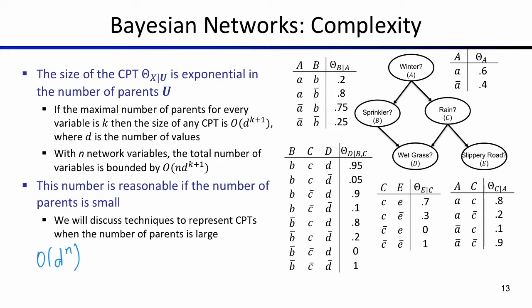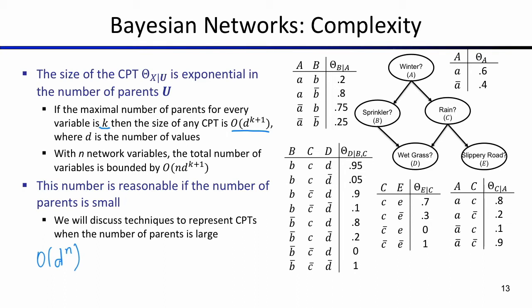And the size of the CPT is dictated by the number of parents that a variable has. So if we look at the largest CPT and it has k parents, the size of this CPT will be of the order of d elevated to k plus 1.